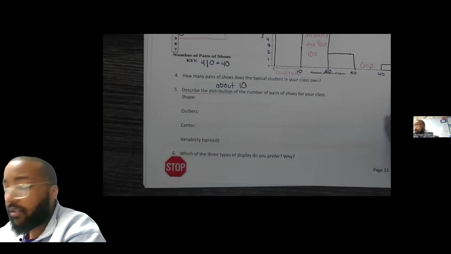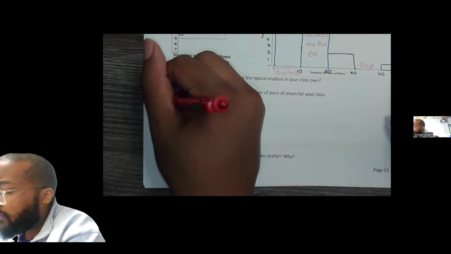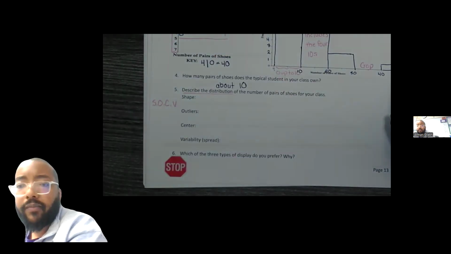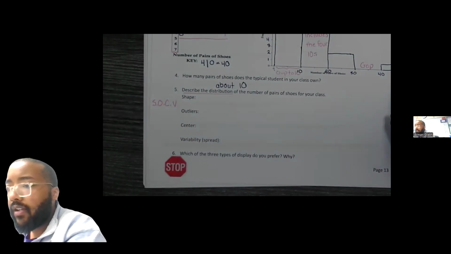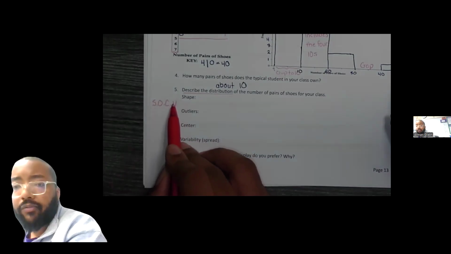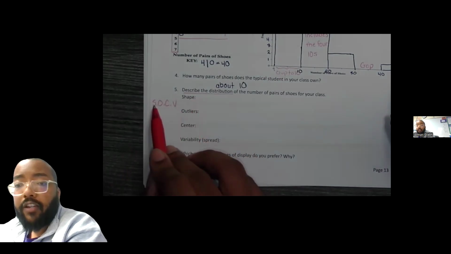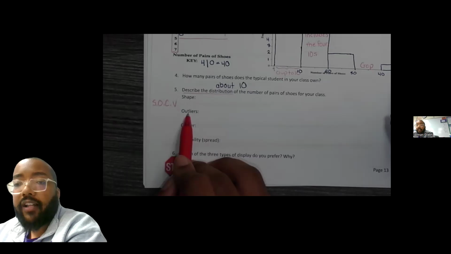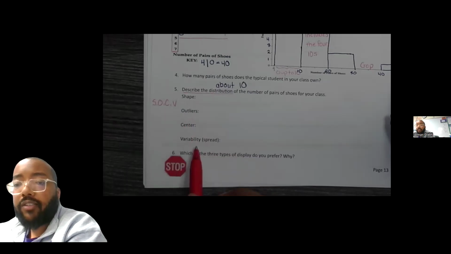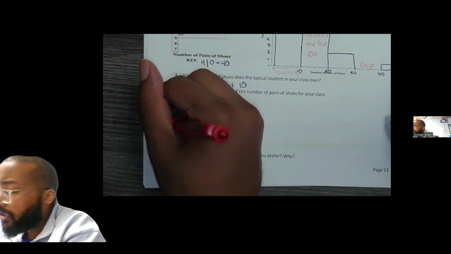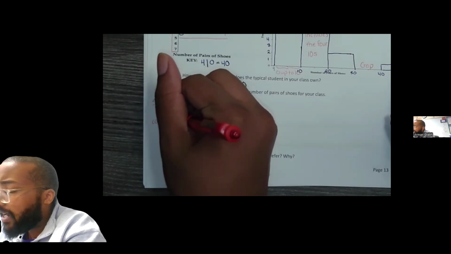We call this abbreviation SOCV, where each one of these letters represents something. If you're asked to describe the distribution, you need to include the shape. You need to talk about any what are called outliers. You need to talk about the center of your data, and you need to talk about the variability. And the last thing that you also should include is context.